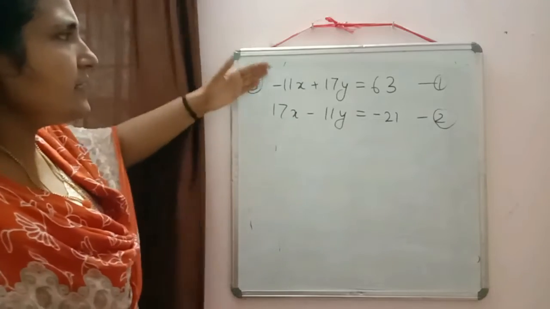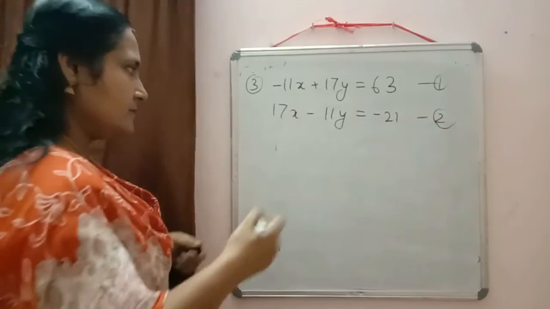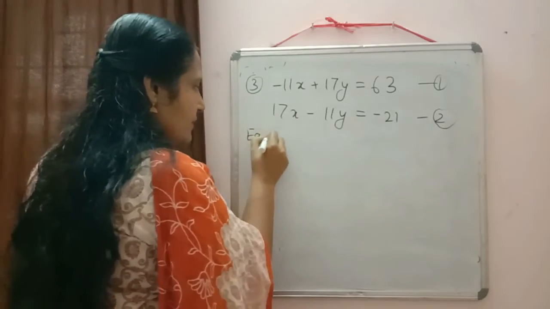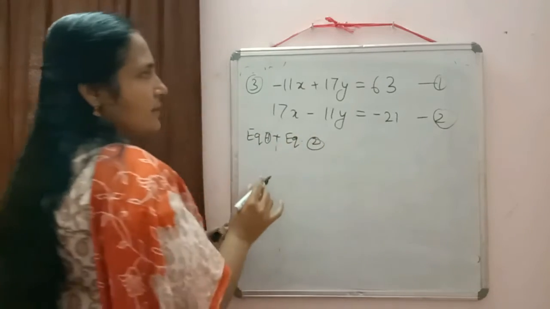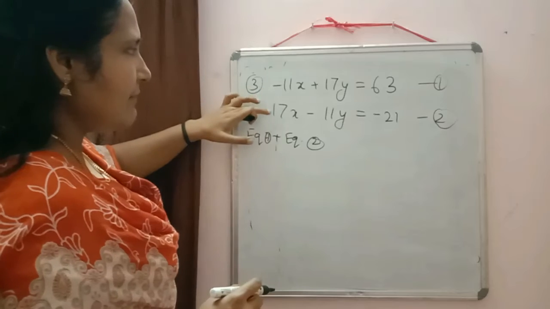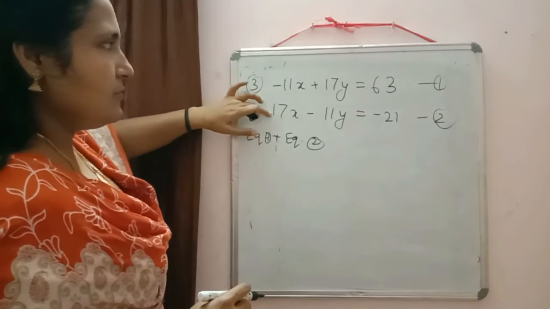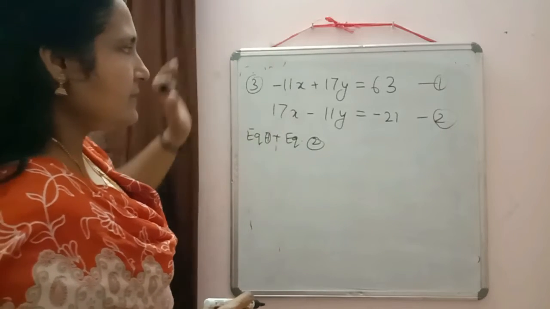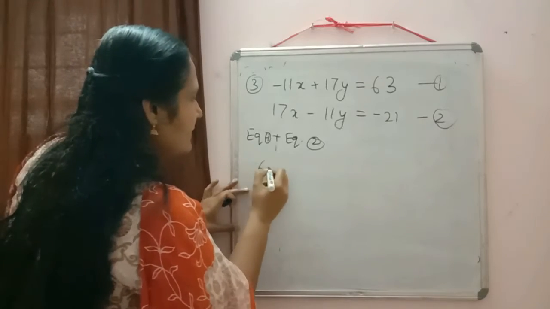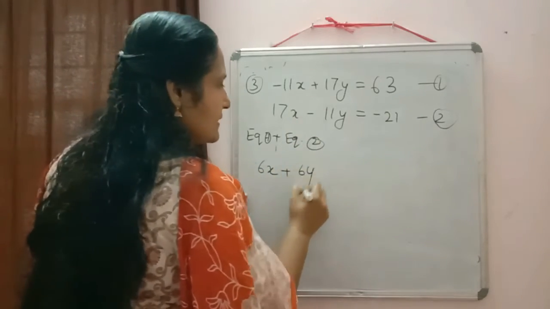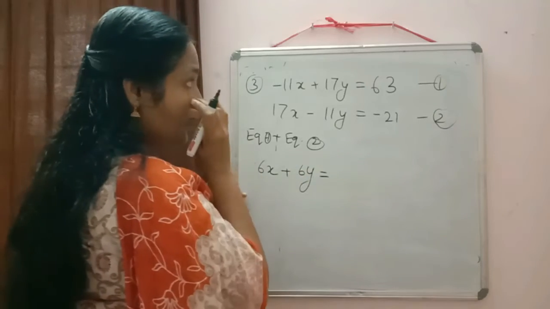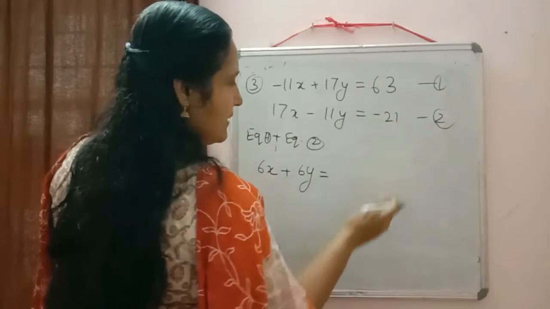So method is first add the two equations. So equation 1 plus equation 2. So when we will add there, minus 11 plus 17, so subtraction will come, 7 minus 1, 6. So we will get 6x plus here also 6y is equal to, what will come here, 63 minus 21.